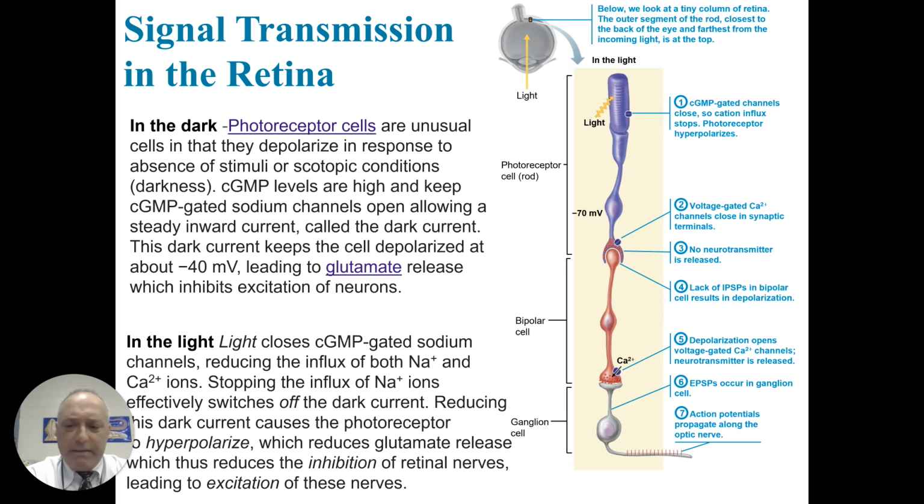In the light, glutamate release is inhibited, and this inhibition is of an inhibitory current. So therefore, your cells, which are normally inactive, activate and send action potentials in the light.